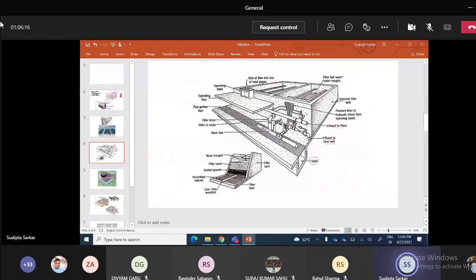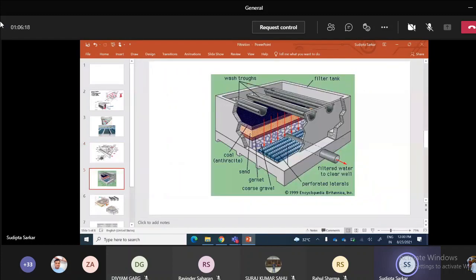Here is another view of the thing. You can see that we have a two-layered bed, coal and sand, and then a three-layer bed, coal, sand and garnet.